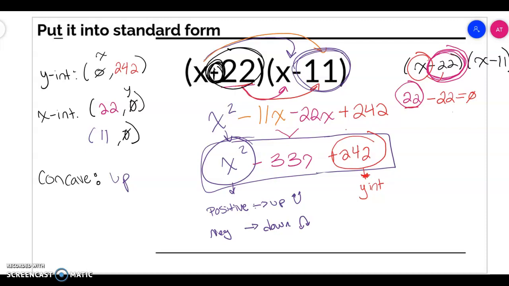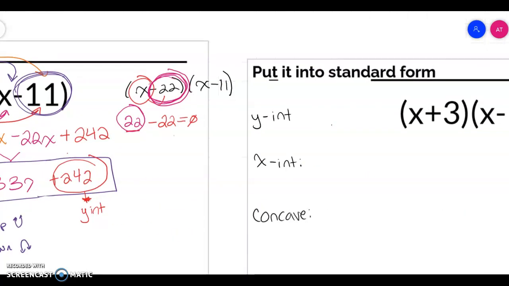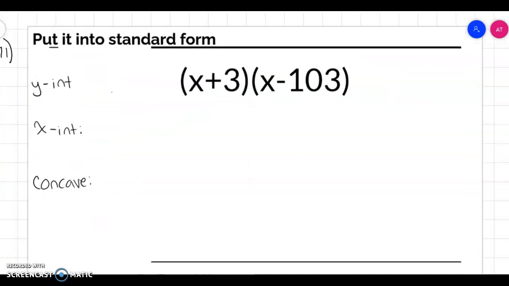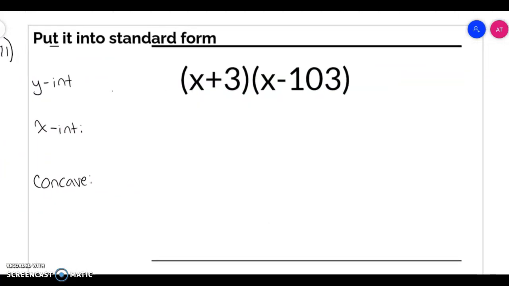So we'll practice some more. Let's move on to our second problem here. So we've got these problems. So now again, I'm just going to FOIL: x squared, and x times negative 103 is going to give me a negative 103x. 3 times x is going to give me a 3x.